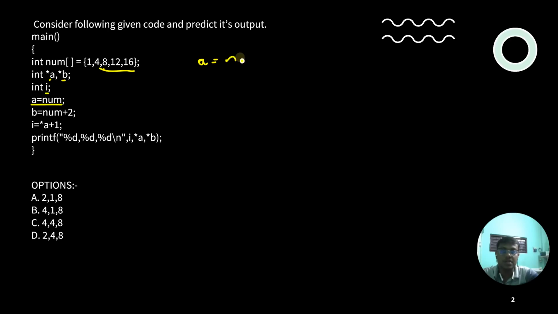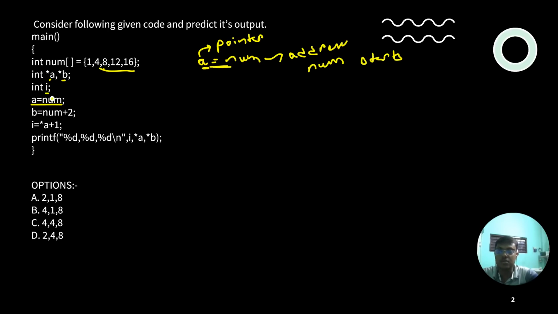As A is a pointer, this assignment operator would assign the address of num, the address where num starts. So A stores the starting address of num.